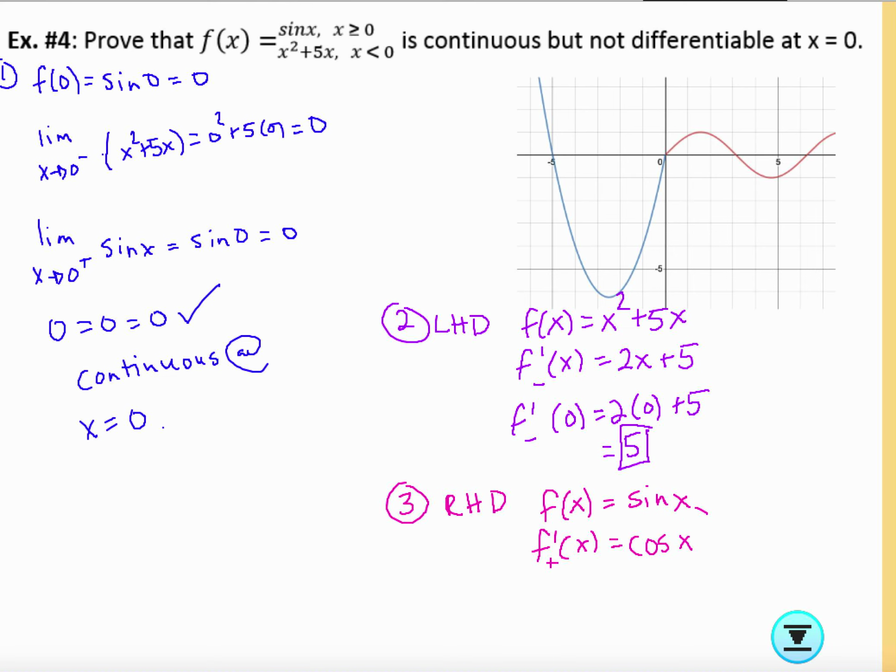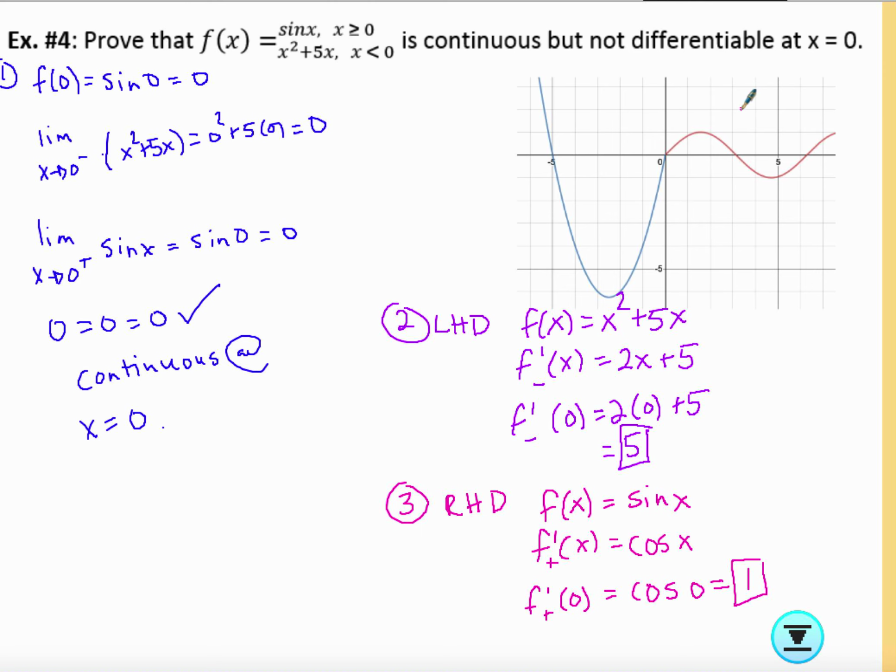And of course, we're not interested in x, we're interested in 0. So let's substitute 0 in for the x and see what we get. I get the cosine of 0. Ooh, that's 1. What that means is, as we're approaching 0 from the right-hand side, the slope of this function is about 1. And you can almost see it here, right? It kind of looks like a positive 1-to-1 slope there.